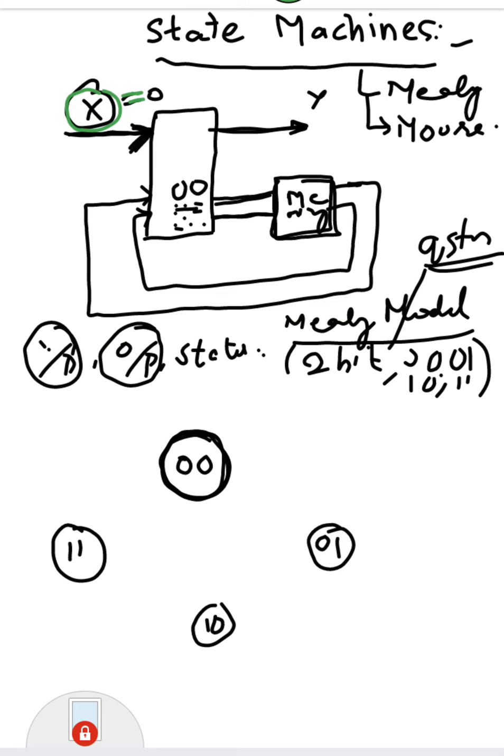As an example, if x equals 0, it should go to the second state 01, and we also have to specify the output. Based on the question, I am writing y, the output, equals 1 in this case. It can be 0 also, it depends on the question.